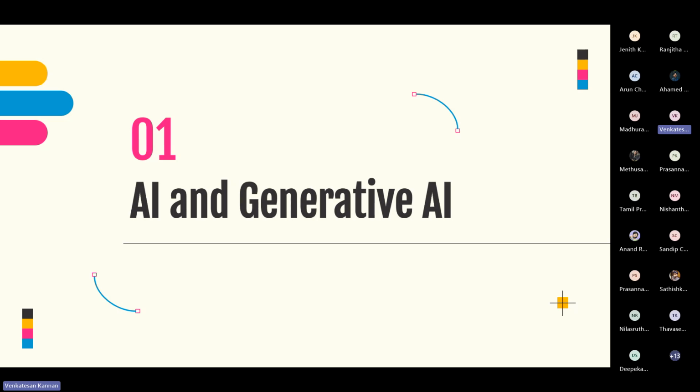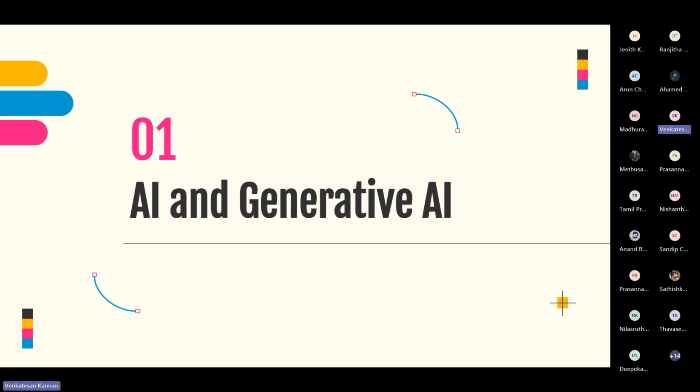AI systems replicate human cognitive abilities, the same way humans think in order to solve a problem, which artificial intelligence can also do. This concept of artificial intelligence has been around for several decades. It's not very new. It's been developing over decades.